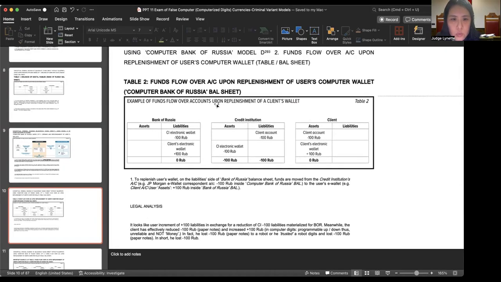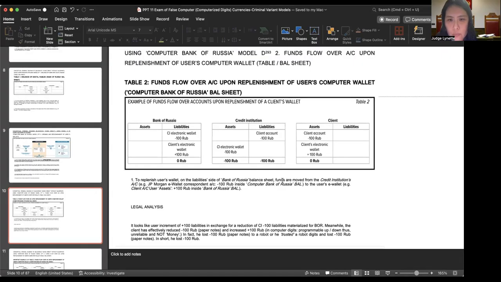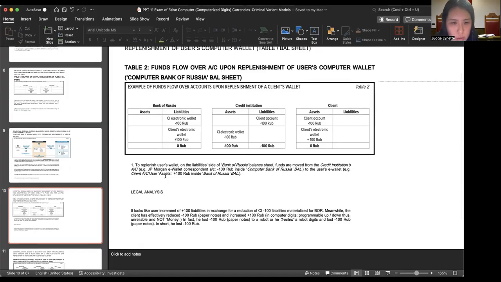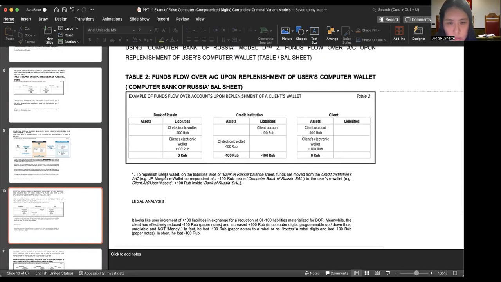So to replenish the user's wallet, on the liability side of the Bank of Russia balance sheet, the funds are moved from the credit institution's account, JP Morgan's e-wallet, by minus 100 rubles inside Computer Bank of Russia to the user's e-wallet, user's assets by plus 100 inside the Bank of Russia balance. It looks like the user's increment of plus 100 liabilities in exchange for a reduction of the credit institution minus 100 liabilities materialized for the Bank of Russia.